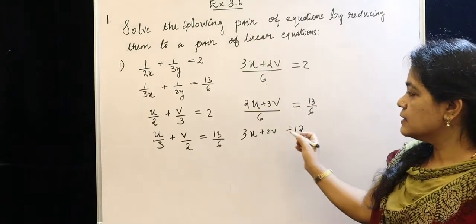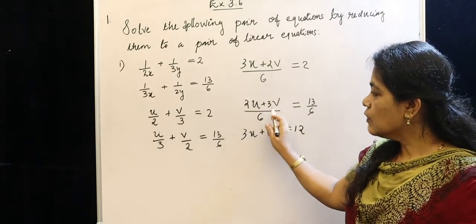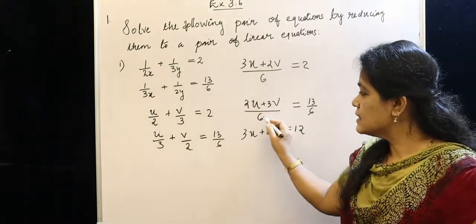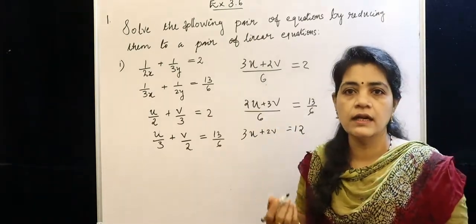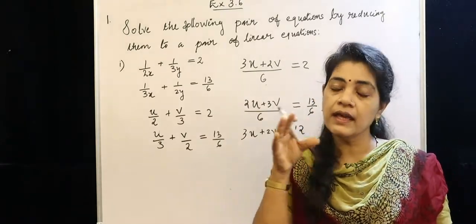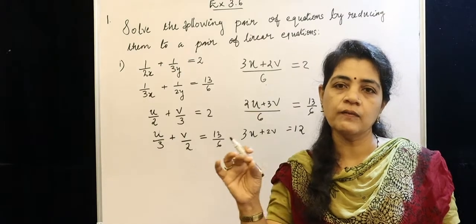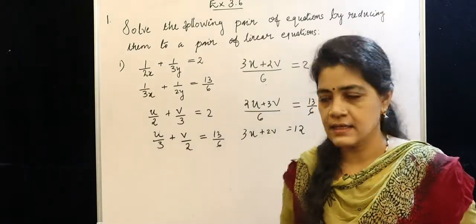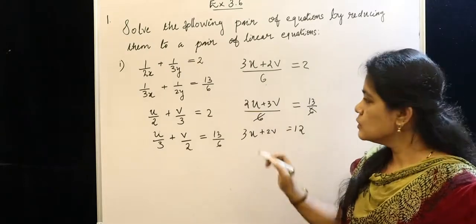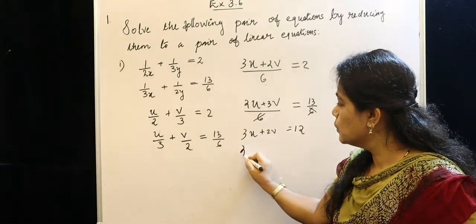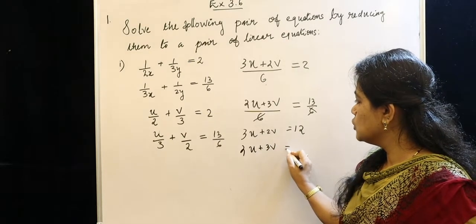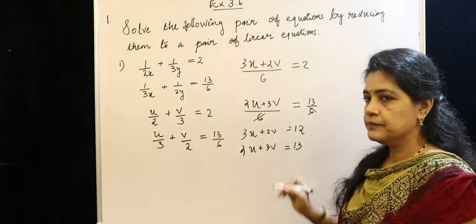And in the next step, see children, here 1 by 6, here also 1 by 6. You can see 6 in the denominator. That is why I explained that the 6 from the denominator can be cancelled. So 6 gets cancelled. So 2u plus 3v equal to 13.